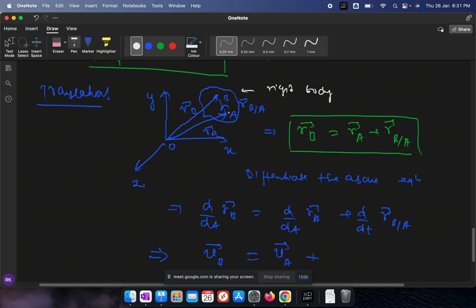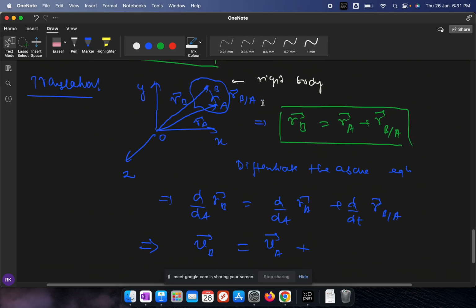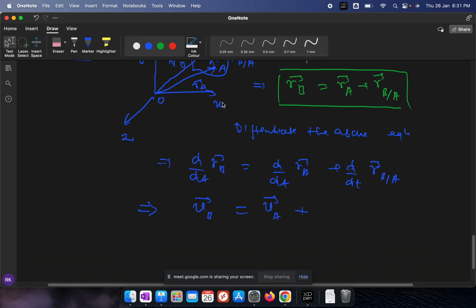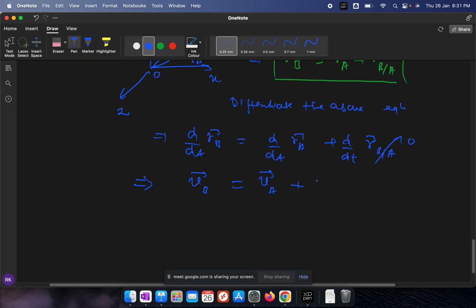That is the characteristic of a rigid body, which means the relative position of point B with respect to A will not change with respect to time. So that's why it will become 0, because it is a rigid body. So you have to keep this thing in your mind. Okay?